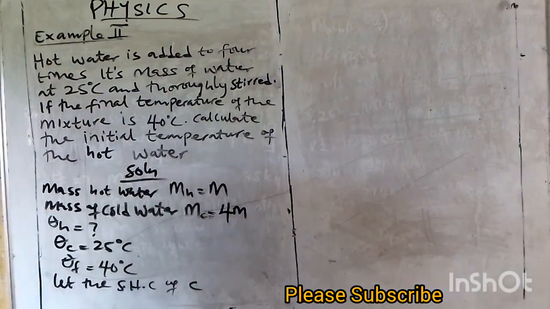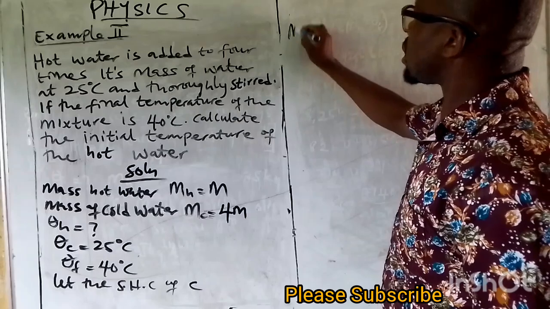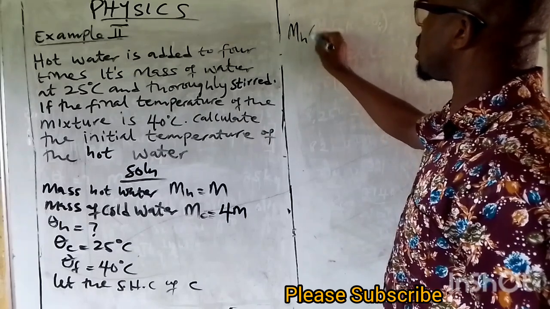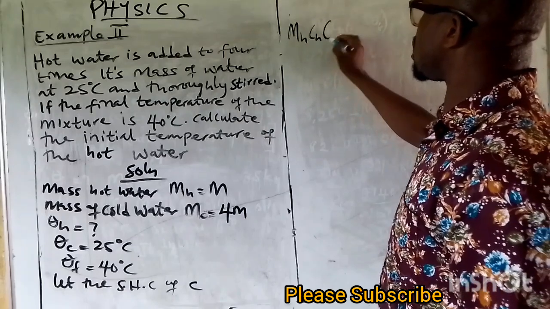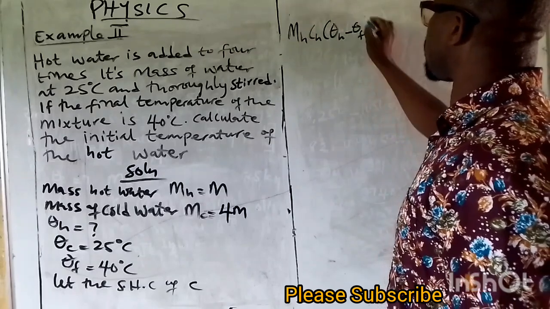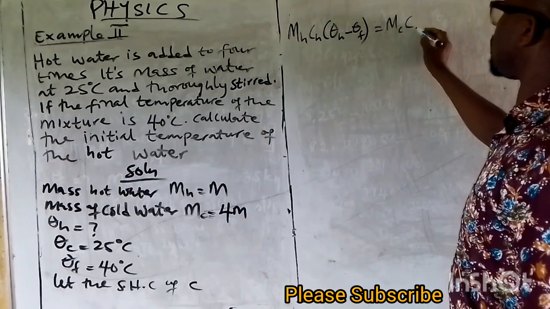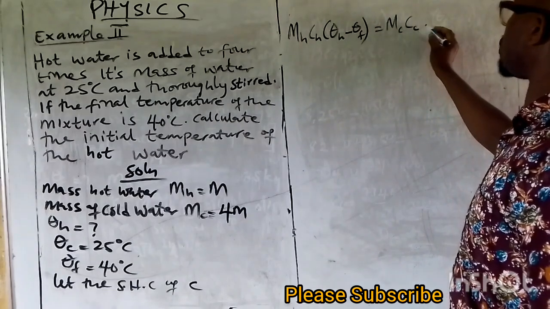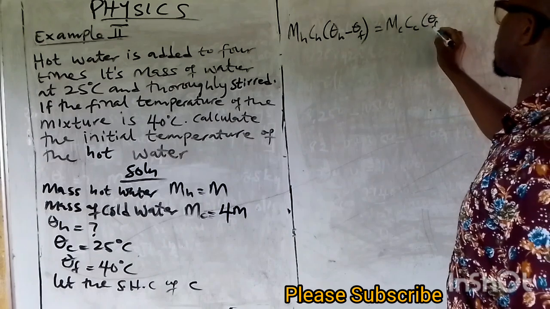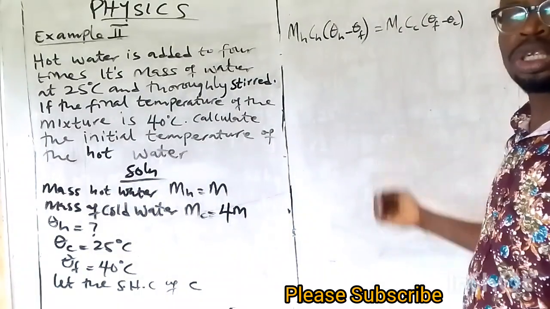So we now move. Remember, our formula is mH CH (theta H minus theta F) is equal to mass of cold water, specific heat capacity of cold water, and final temperature minus temperature of cold water.